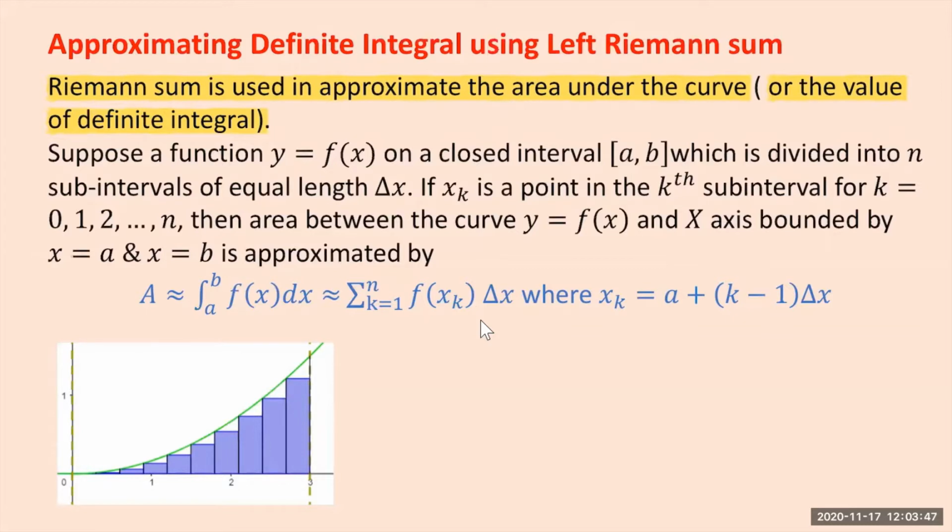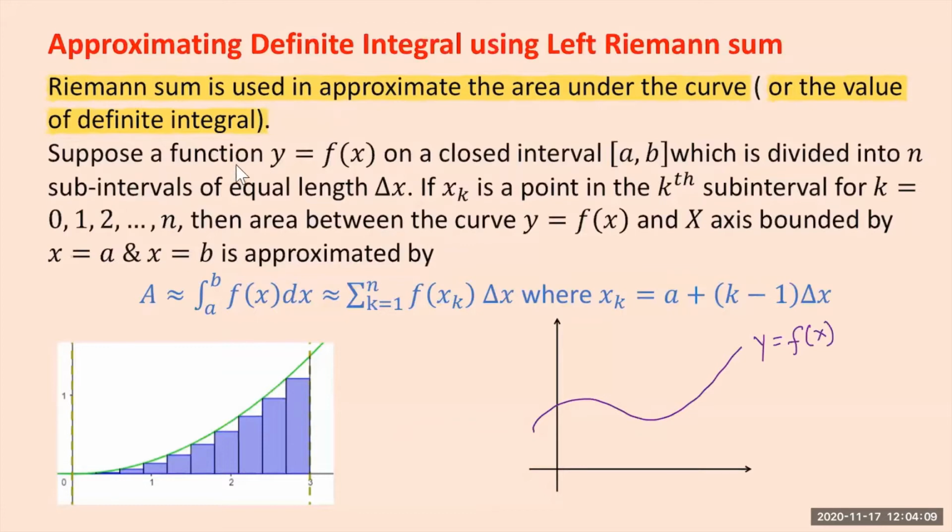For that, I'm going to draw a function. So let me create the vertical axis, that is the y-axis, and the horizontal axis, that is our x-axis. And then let's draw a function. Say, for example, there is a function, and this function is y equal to f of x.